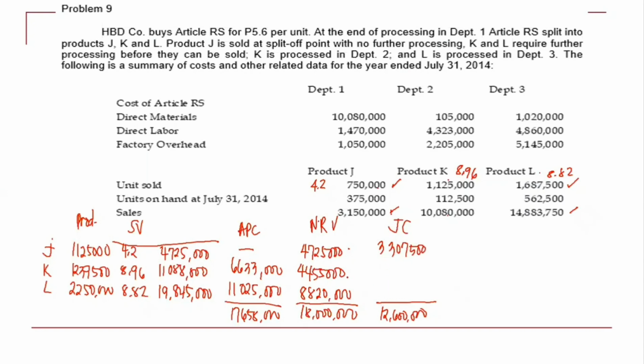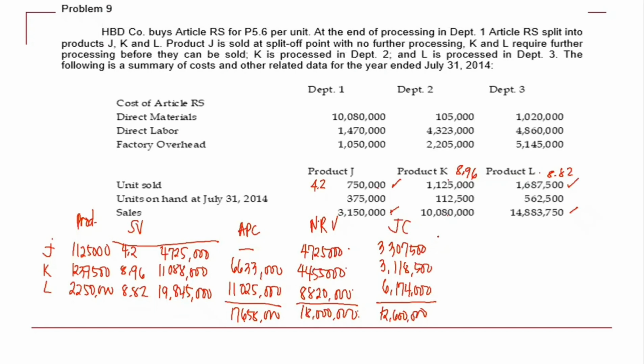And then for K, 4,455 times 12,6 divided by 18,000. So that would be 3,118,500. And then for L, 8,820 times 12,6 divided by 18,000. So ang answer natin ay 6,174,000. Ayan. Joint cost po.